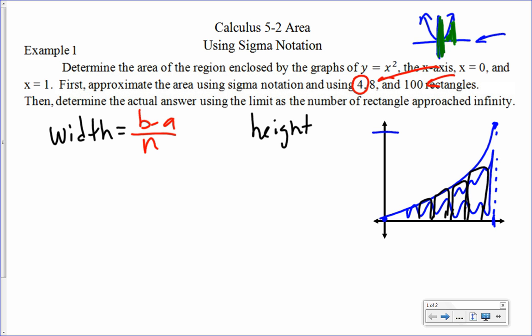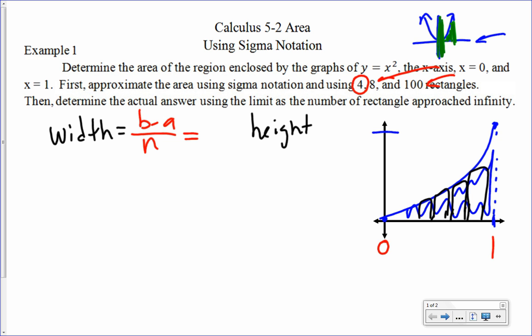Now, the reason we're doing this together is this is very difficult for a lot of people. We're taking a very specific problem and making it very general. We're doing it algebraically, basically no numbers until we get to the very end. Okay. So in this problem, do we know a and b? Because it's 0 to 1, correct?